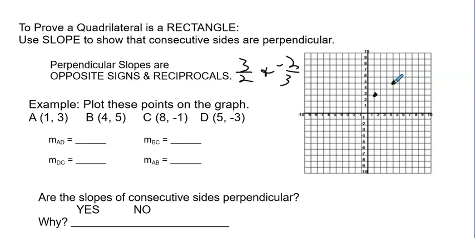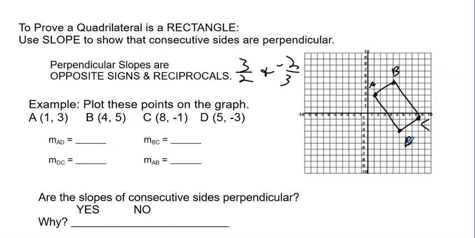C is at 8, negative 1. This one's going to be a challenging one, so you can't just count. And D is 5, negative 3. So do our best to draw a rectangle type shape. We'll have to prove whether they are opposite reciprocal slopes. So B is here, C is here, and D is here.